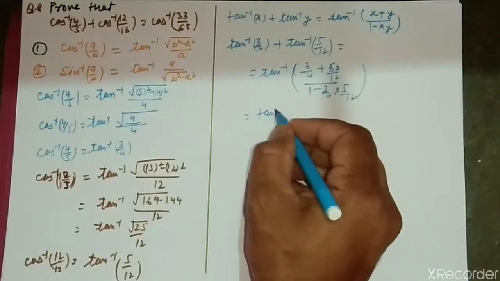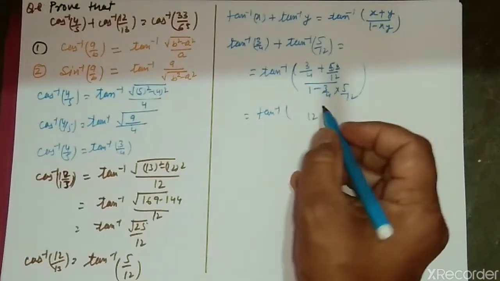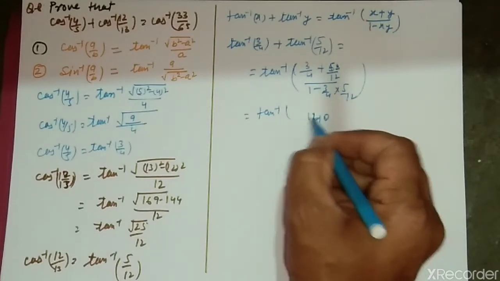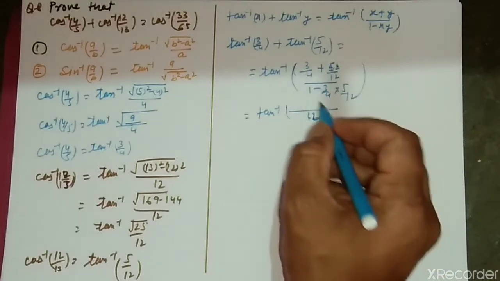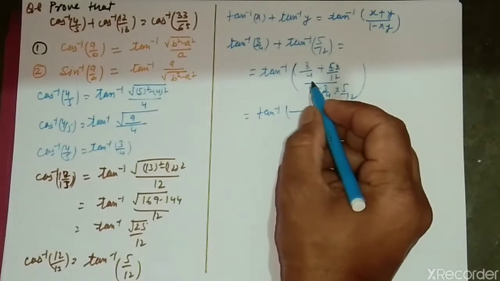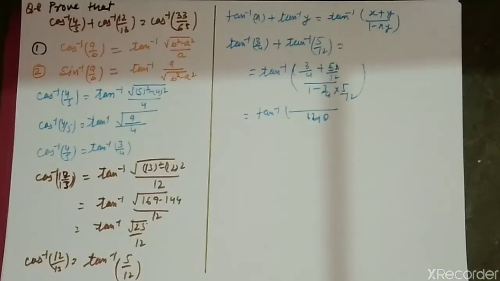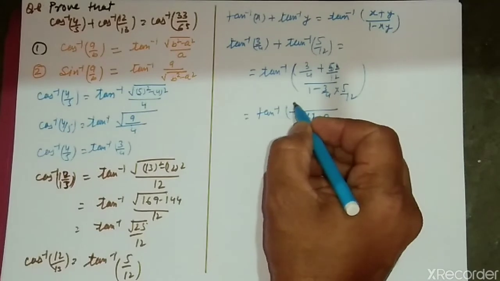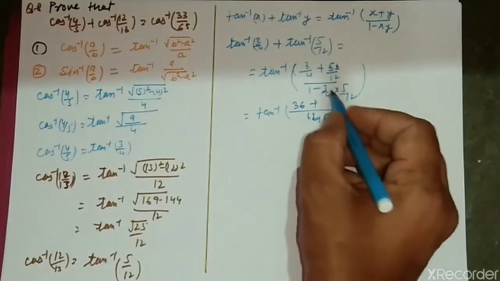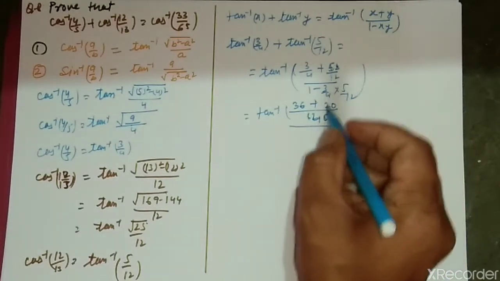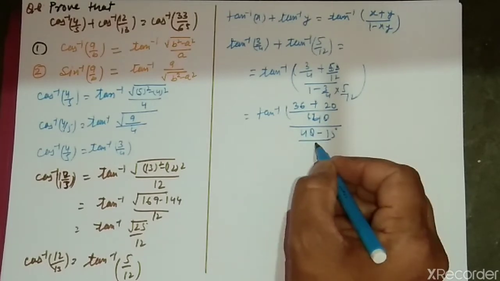So tan inverse, the LCM we can take is 12 for the numerator and 48 for the denominator. Dividing, the numerator becomes 36 plus 20 upon 48, and the denominator becomes 48 minus 15 upon 48.